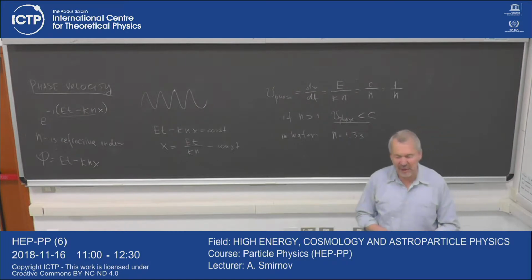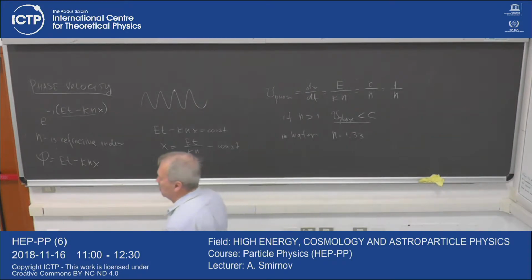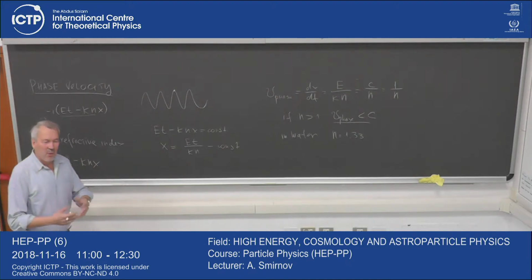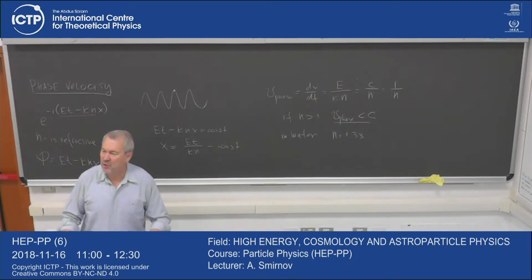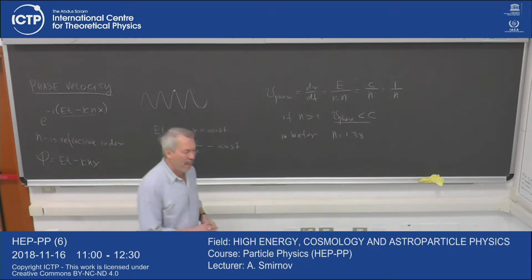I will show you some slides, maybe next time. For instance, reactors are surrounded by water, and a lot of electrons are moving in the water. The water is blue just because of this Cherenkov light, so you can easily see it.